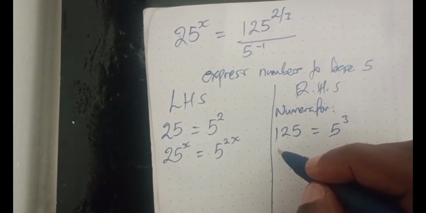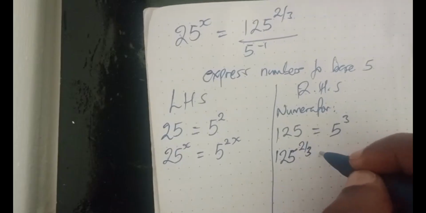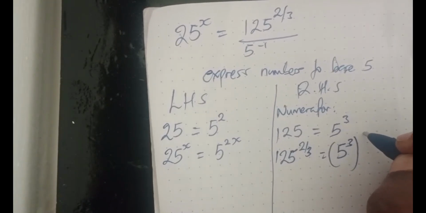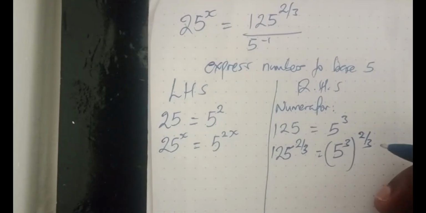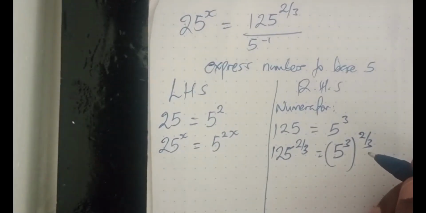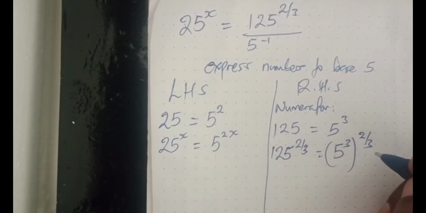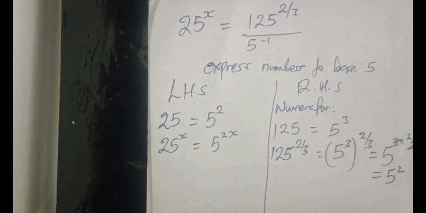Therefore 125 to the power of 2/3 is the same as 5 cubed to the power of 2/3. We can simplify the power by multiplying the 3 and 2/3, and what we have is 5 to power 3 times 2/3. 3 and 3 cancel. We remain with 5 squared.